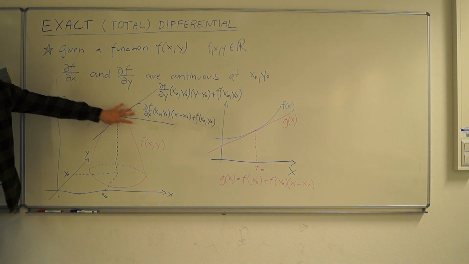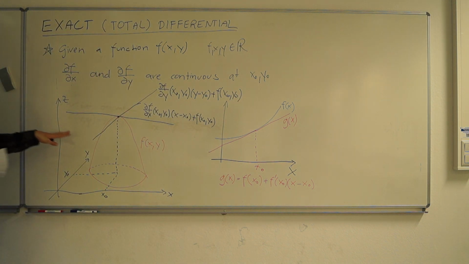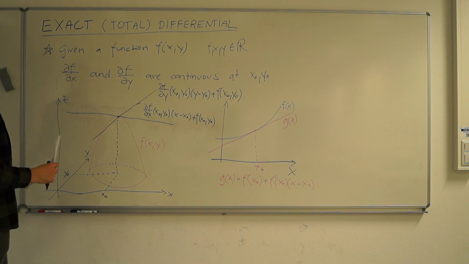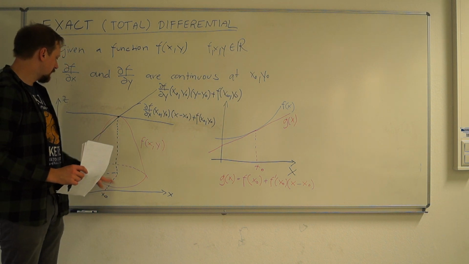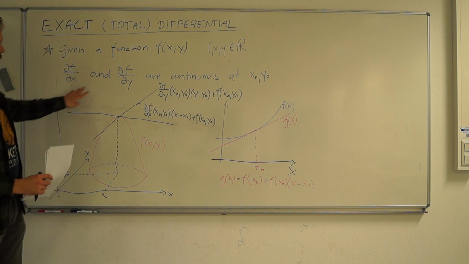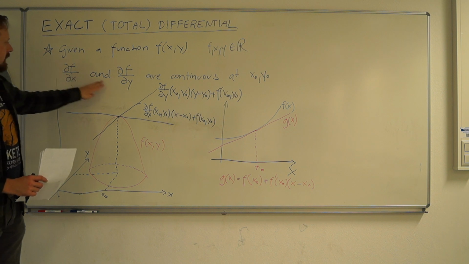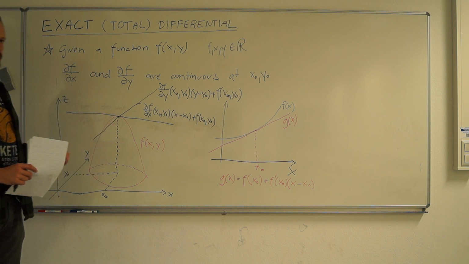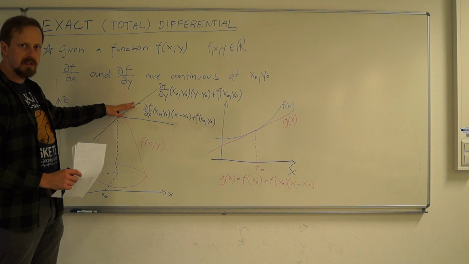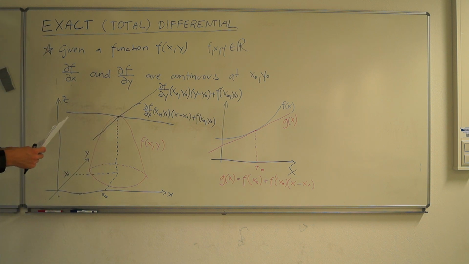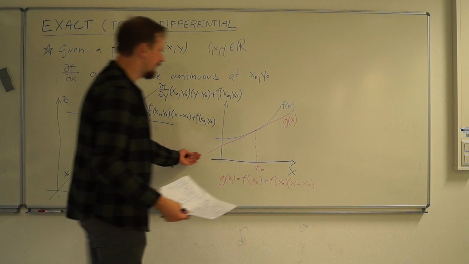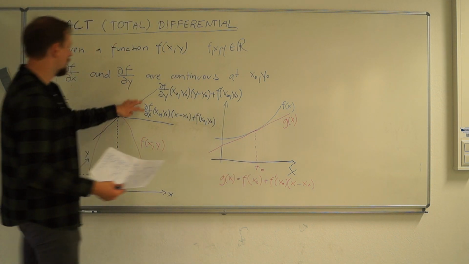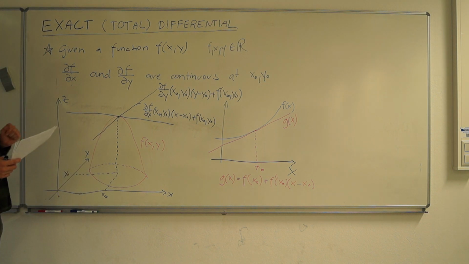And these two lines define the tangent plane to the function f at x naught, y naught. Because the partial derivatives are continuous at this point, this tangent plane exists. So it's the same as in the one-dimensional case, but instead of approximating the function with a line, we are approximating the function with a plane.